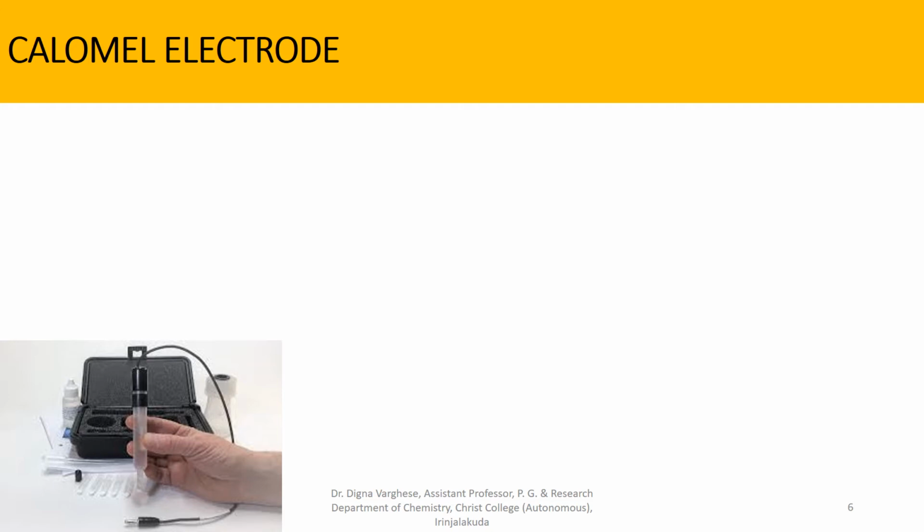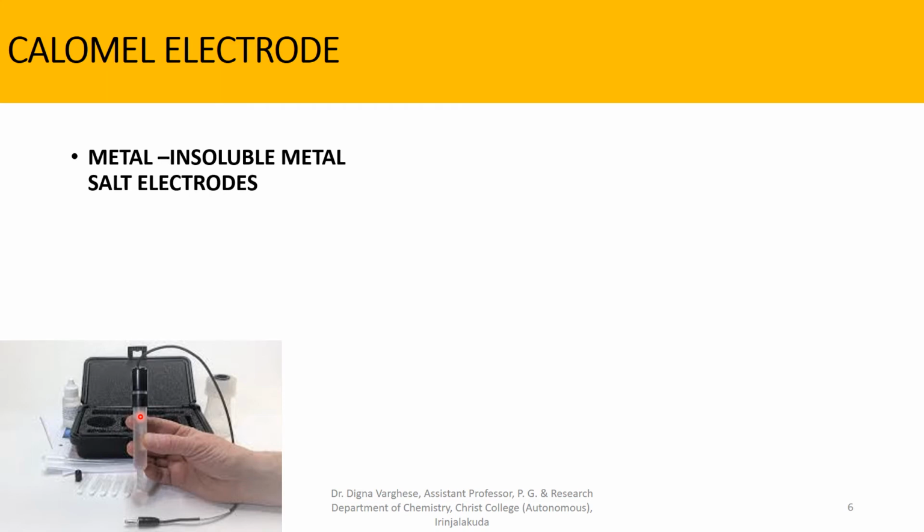Calomel electrode. The calomel electrode belongs to the category of metal, insoluble metal salt electrodes. The calomel electrode is a reversible electrode. It consists of mercury in contact with mercurous chloride solid, that is calomel, and aqueous potassium chloride solution.